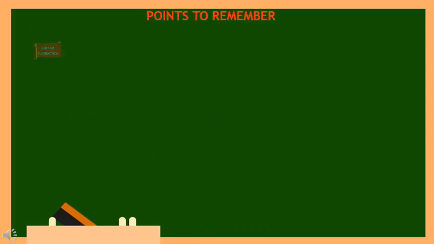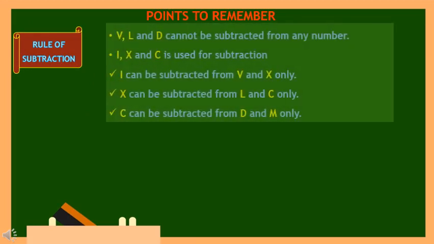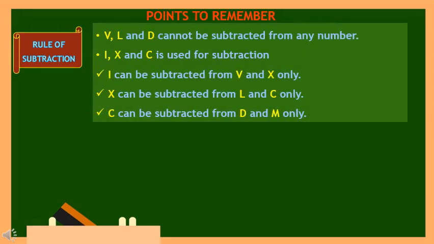In the rule of subtraction, there are certain points that you need to remember. Symbols V, L and D can never be subtracted from any other number. Symbols I, X and C are the only symbols that can be used for subtraction.